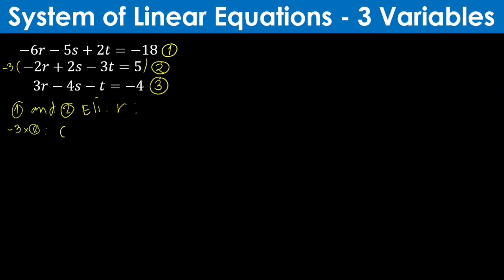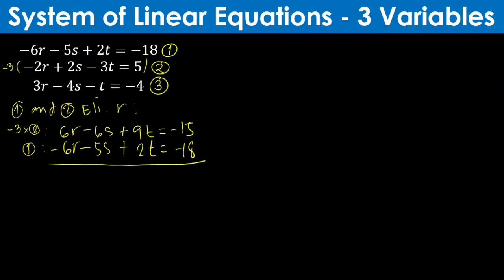We have 6r minus 6s then plus 9t equals negative 15. And next, for the equation 1, we just simply copy it. That's minus 6r minus 5s plus 2t equals negative 18.